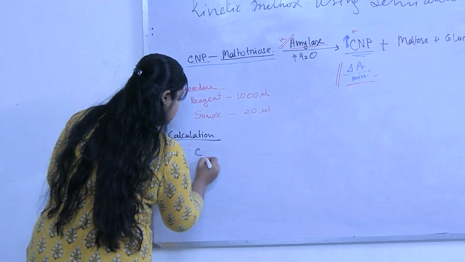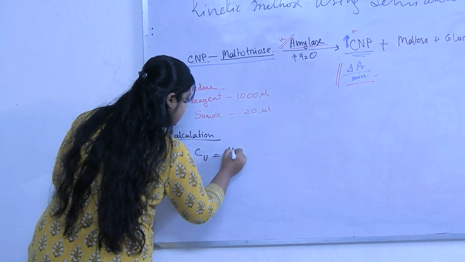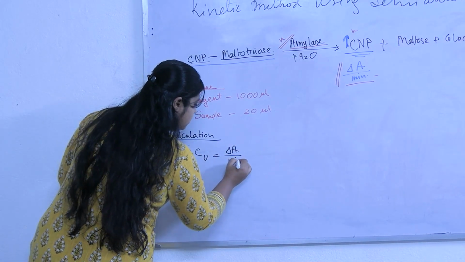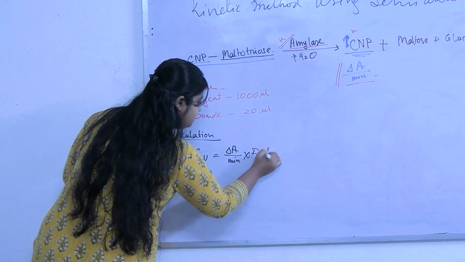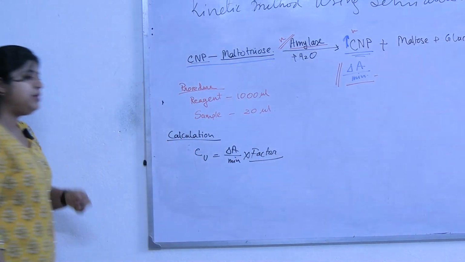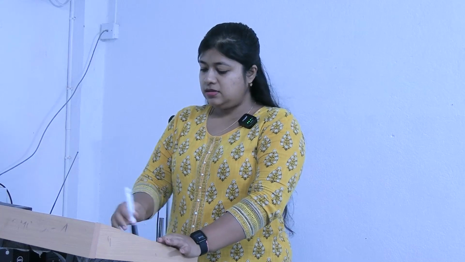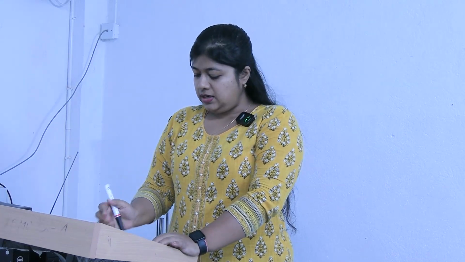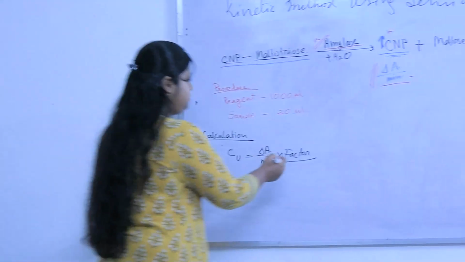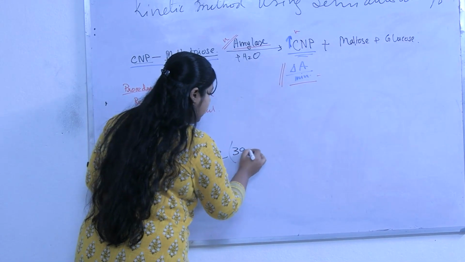So, delta A per minute we will get. Concentration of unknown will be delta A per minute into a factor. This factor is provided by the company. And the value of this kit's factor is 3954.